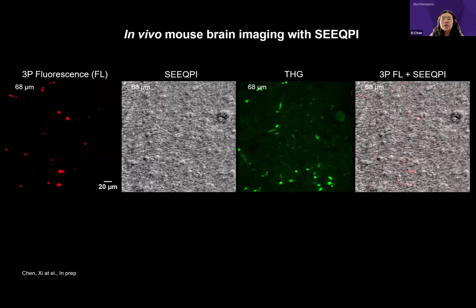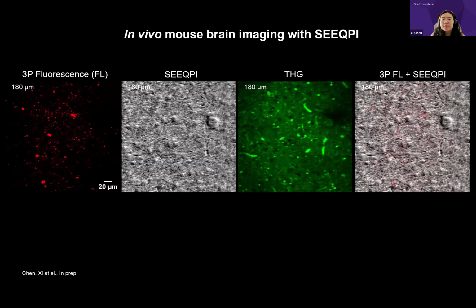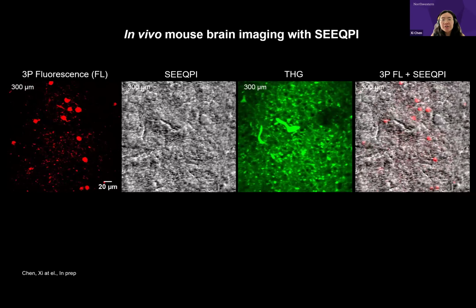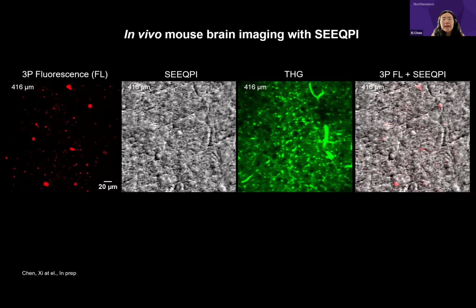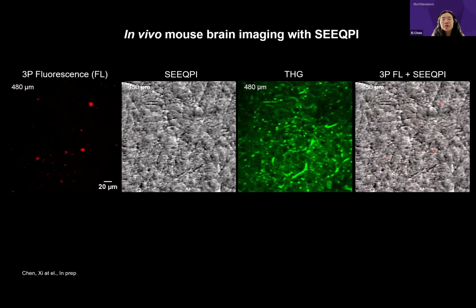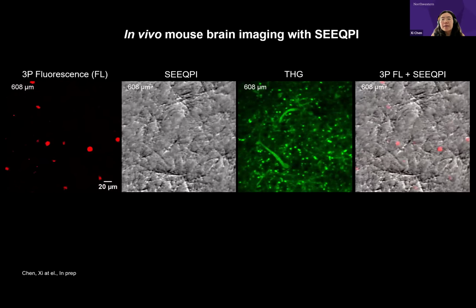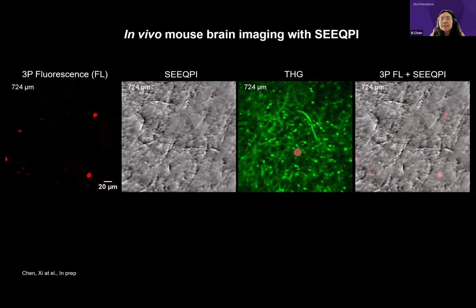So now we move on to a more challenging biological system, the in vivo mouse brain. This is a wild type mouse with a virus injection, and we create a cranial window to remove the skull, and we are able to image this in vivo mouse brain up to about 1.1 millimeters using 3 different modalities.